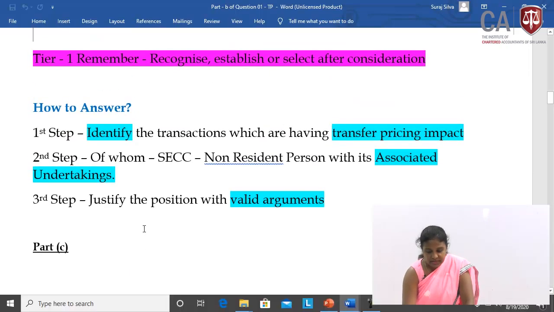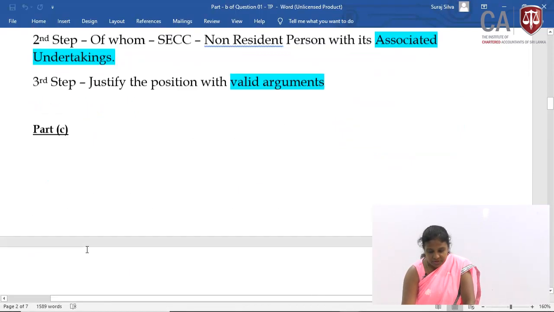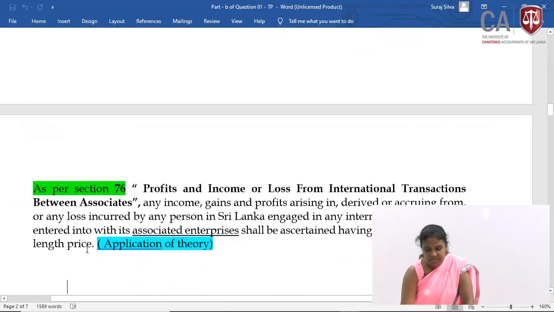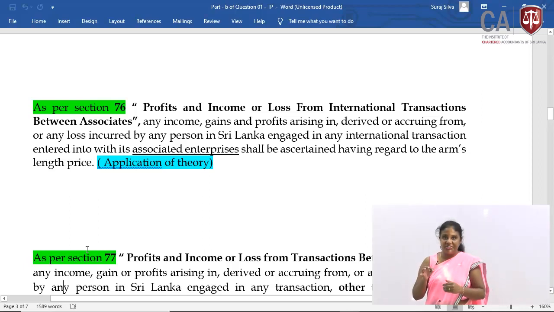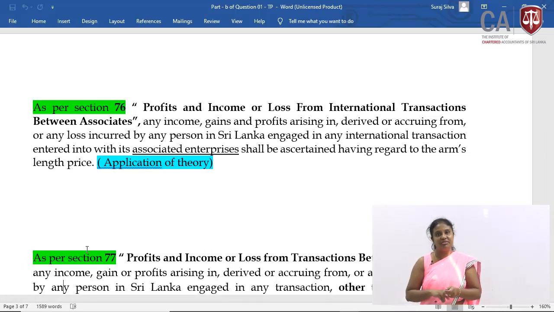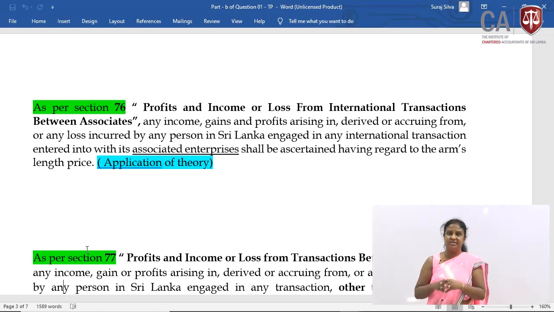Now in question part C, we will see how you are going to write the answer. Initially, when I started, I mentioned that there are two main provisions, section 76 and 77. Section 76 is for international transactions, and 77 for domestic transactions.